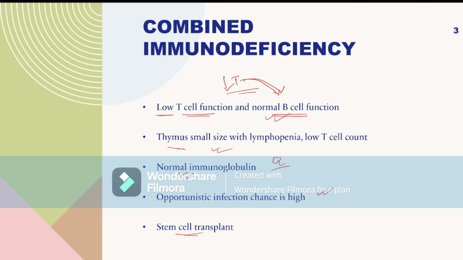So how do you differentiate SCID from combined immunodeficiency? In SCID, the immunoglobulin profile, B cell and T cell, is decreased, but in combined immunodeficiency, the immunoglobulin profile is normal, the T cell is less, and the B cell is normally present.